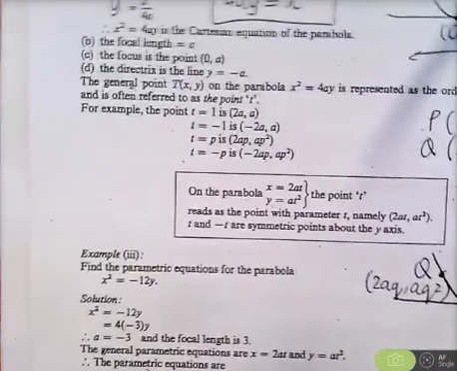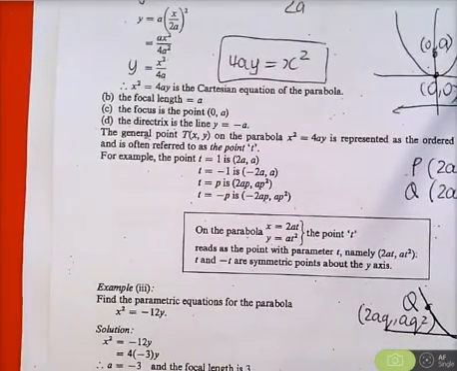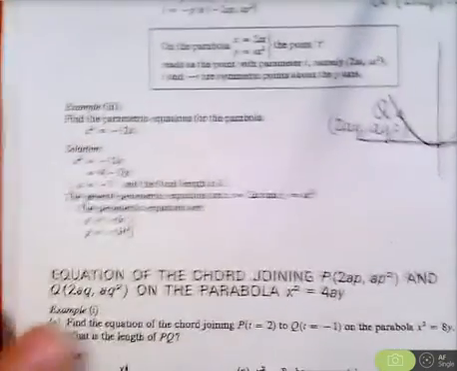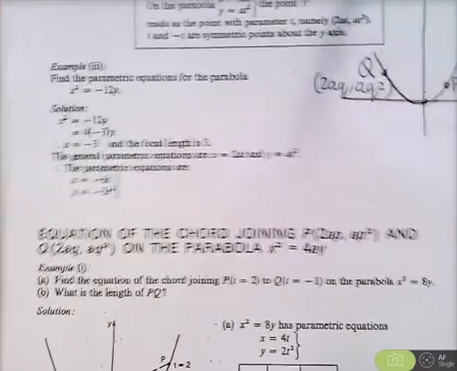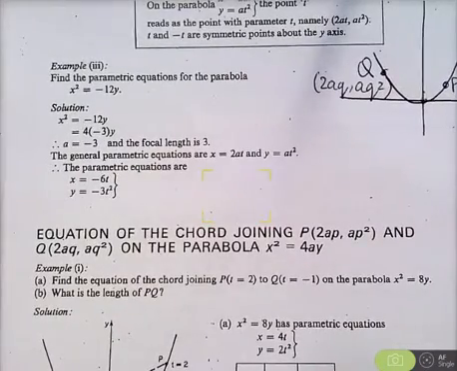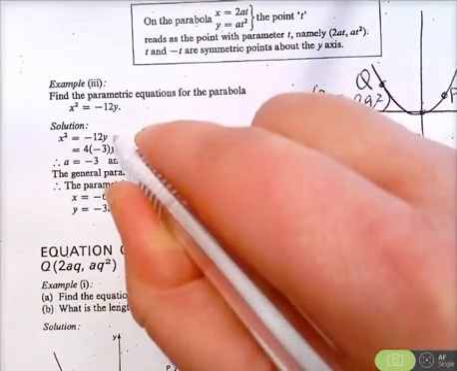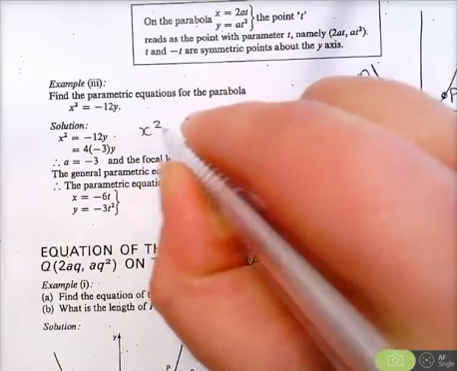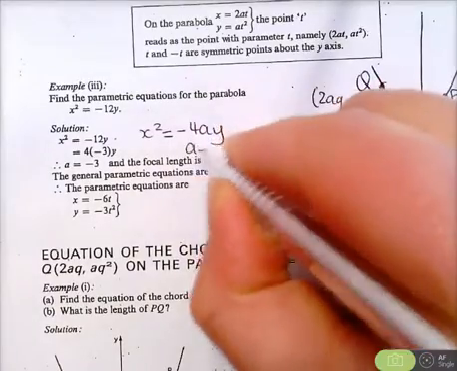Now, let's just look back over here. Someone might ask you in example 3 to find the parametric equations for the parabola x squared is minus 12y. When I look at that, what would you normally have done? You'd say x squared is minus 12y is of the type x squared is minus 4ay. So therefore, what's a?